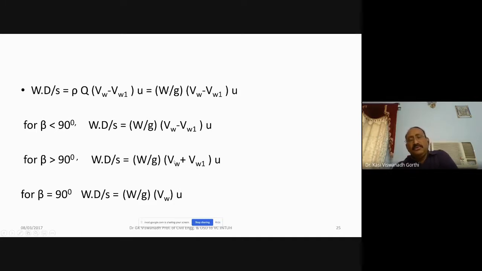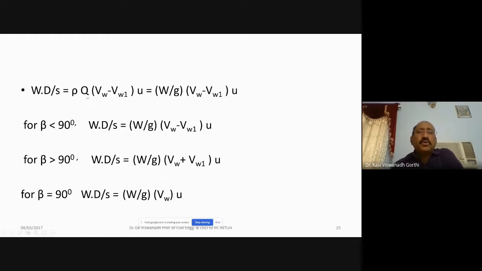So W by G into VW plus VW1 into U, the distance moved by the vein per second. Then for beta equal to 90 degrees, there is no VW1. VW1 is 0 as per the velocity diagram, and hence you have W by G into VW into U. So for these three cases, you have computed the work done per second.